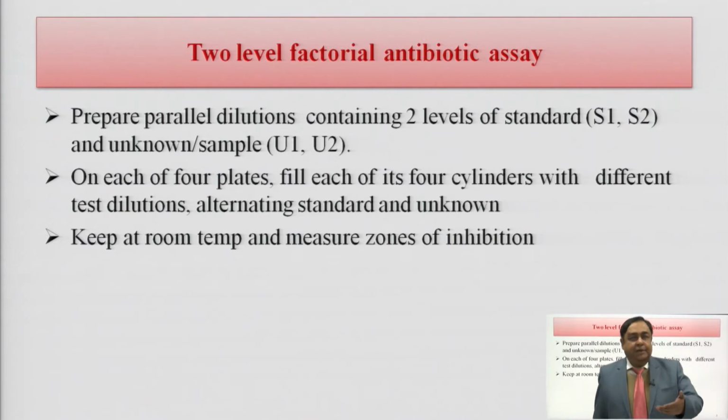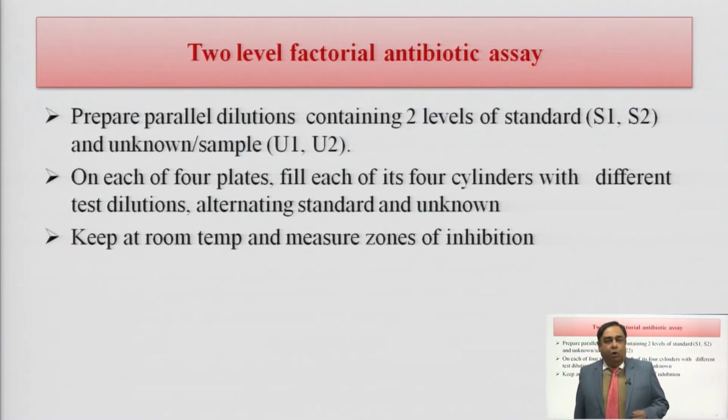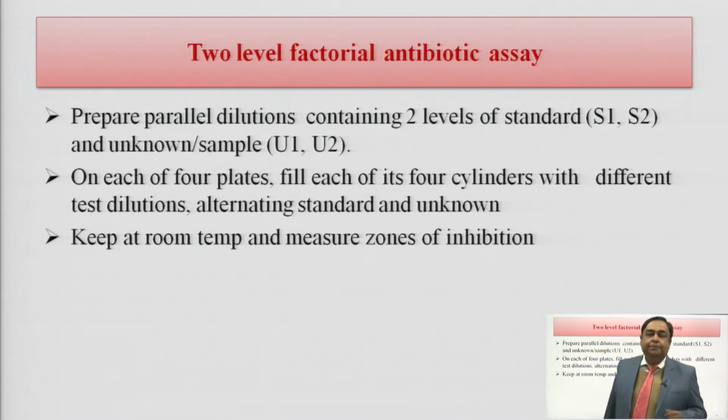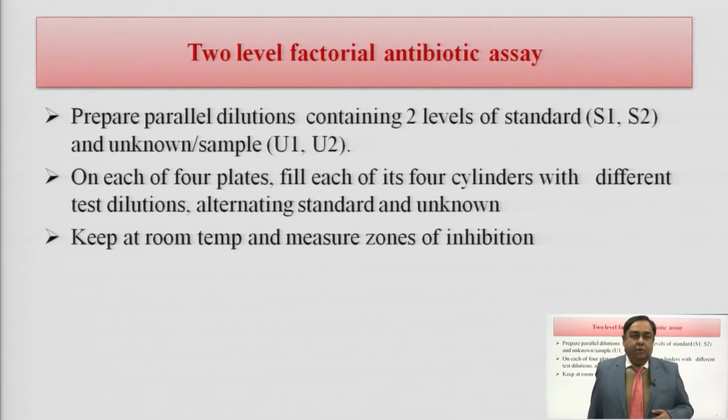So, let me explain in a bit of detail how we carry out the two level assay. First of all, we have to prepare parallel dilutions of two levels of standard, S1 and S2, S1 the lower level, S2 being the higher level, and we take two levels of the unknown or the samples as U1 and U2.